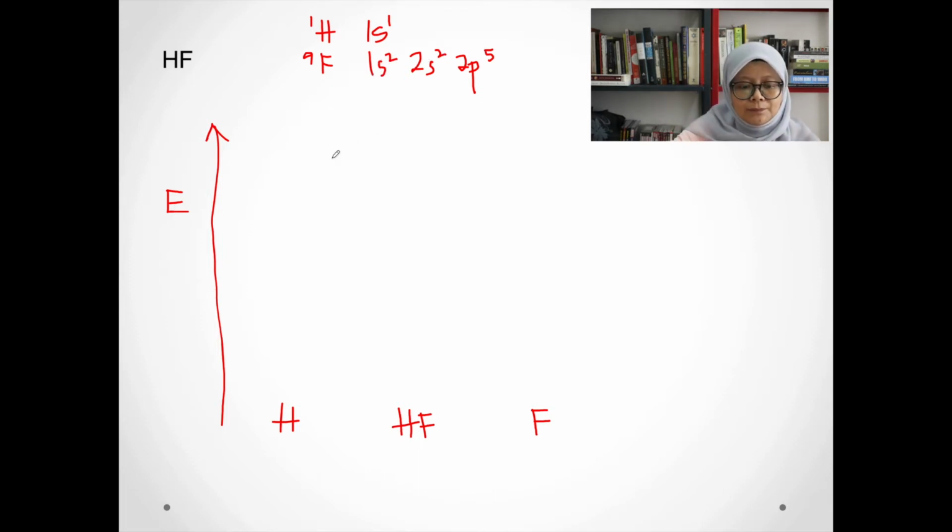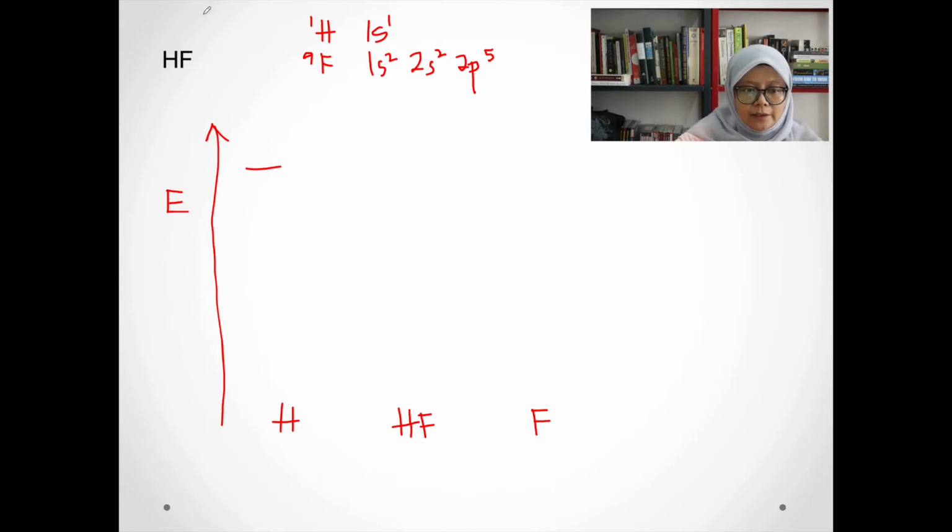Next, you need to determine which one is more electropositive and which one is more electronegative. If you compare hydrogen and fluorine, hydrogen is more electropositive, so it will have higher energy.